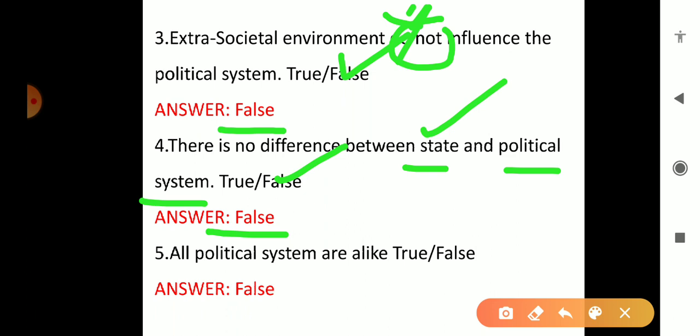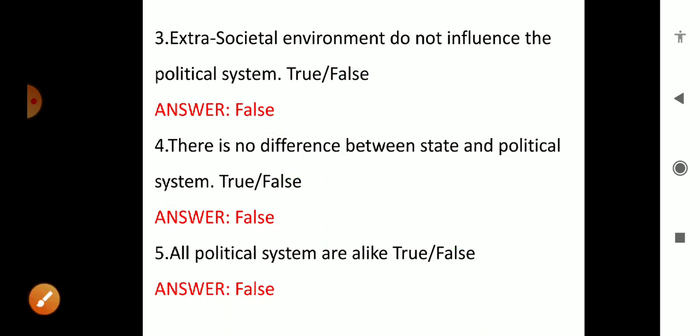There are so many differences. Working culture is different, people are different, the behavior of the people is different, right? They can have different sets of governments also. So 'all political systems are alike' is false, not true. So our answer would be false. Okay, hopefully you got it.